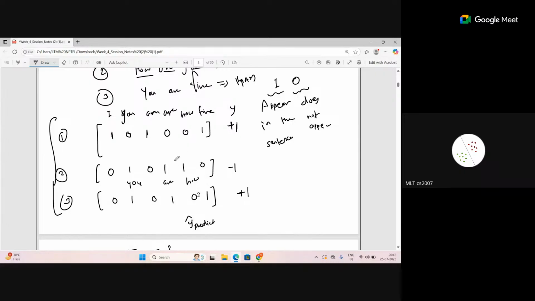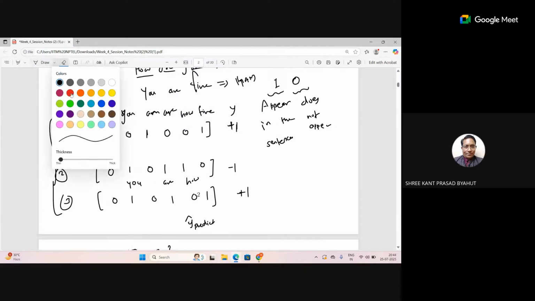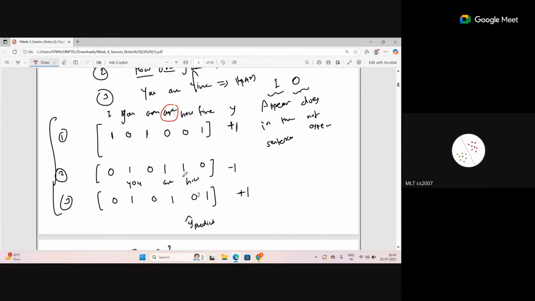Let's say the word R. This word R appeared here also and here also, right? It appears in the spam as well as non-spam.